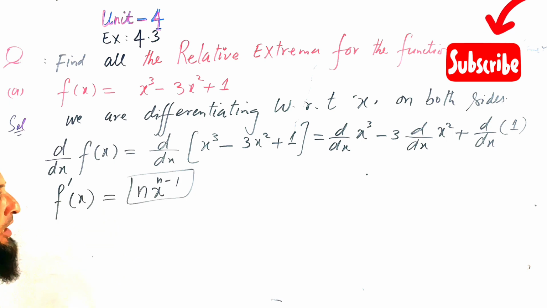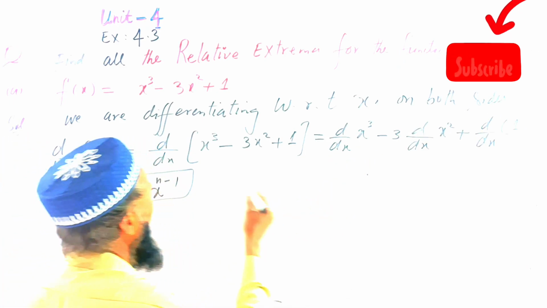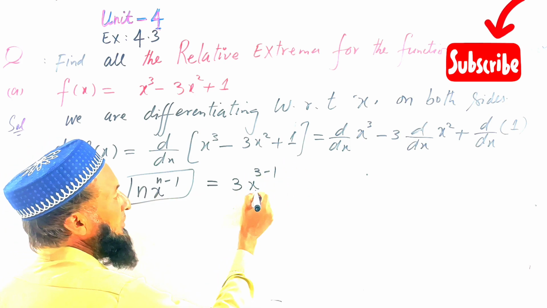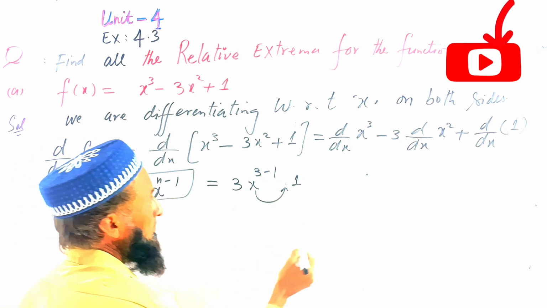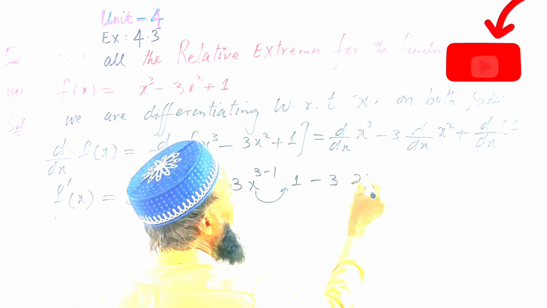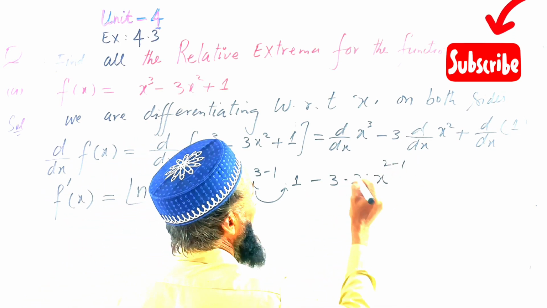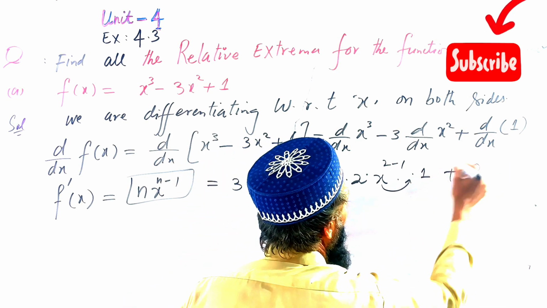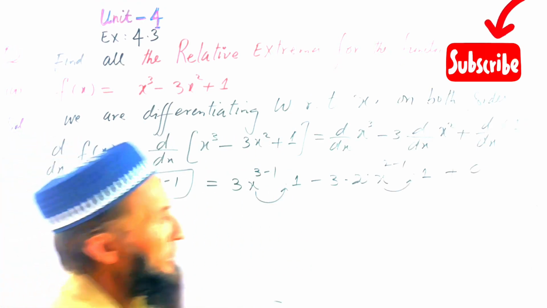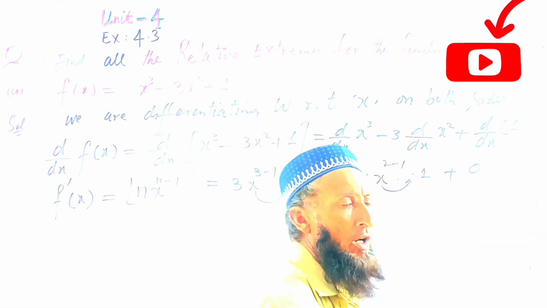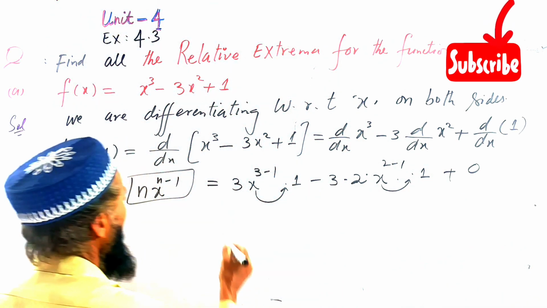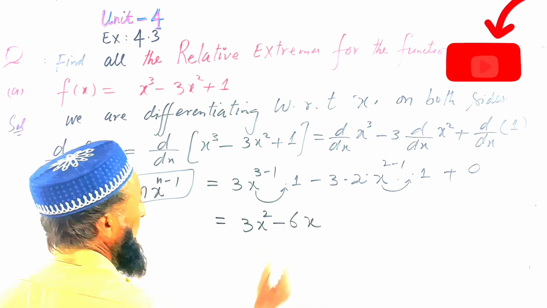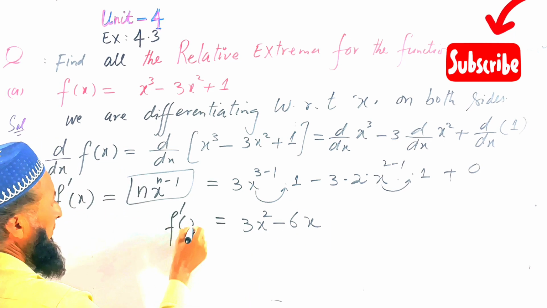Here for 3x cube we get 3 x square, and for the derivative of this function minus 3, 2 is the power, 2x to the power 2 minus 1, and the derivative of x is 1, and the derivative of the constant is 0. This is the rule of any constant's derivative with respect to x. Now simplify this term, we get 3x square minus 6x. This is f dash x.